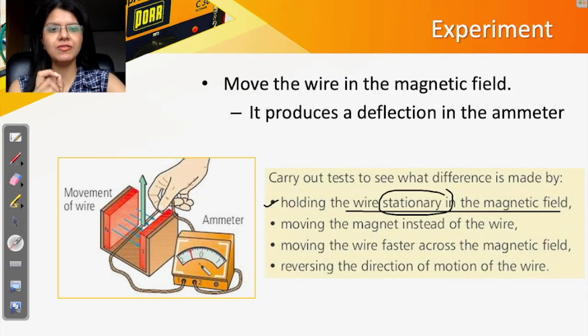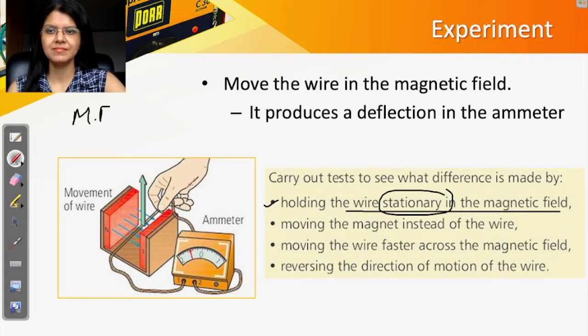When there is no movement in the wire, point worth noting, when there is no movement in the wire, no current. So please do understand, you need to have magnetic field plus motion. Motion is synonym to force to produce current.